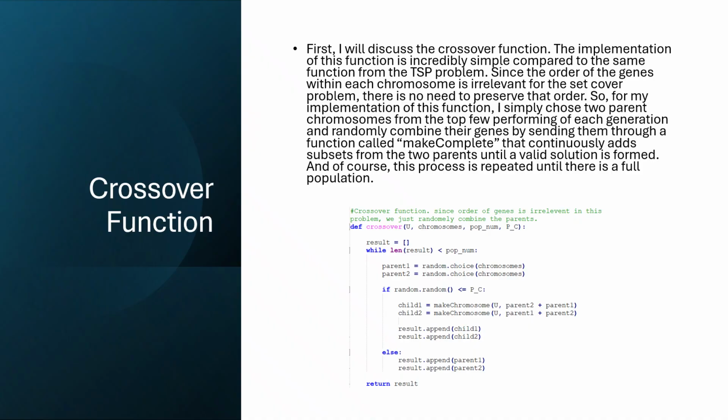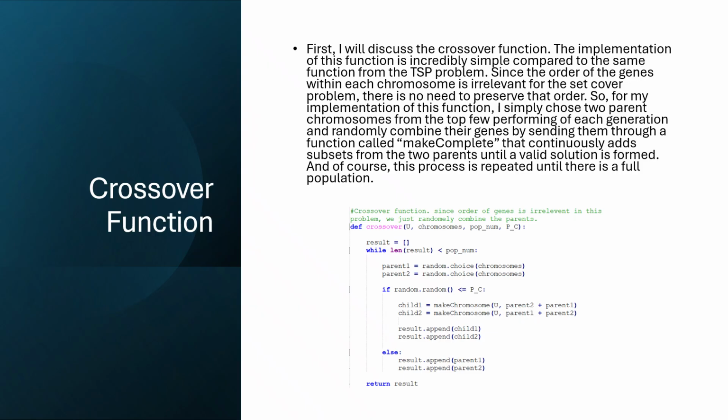First, I will discuss the crossover function. The implementation of this function is incredibly simple compared to the same function from the TSP problem, at least in my implementations of it. Since the order of the genes within each chromosome is irrelevant for the set cover problem, there's no need to preserve that order.